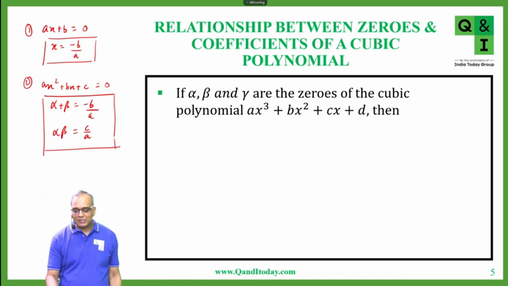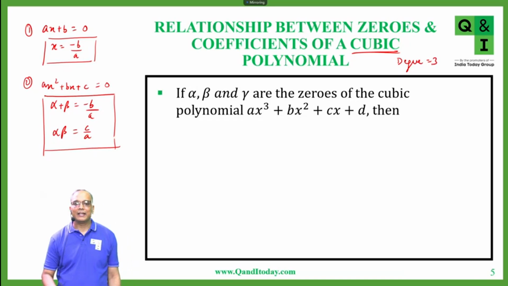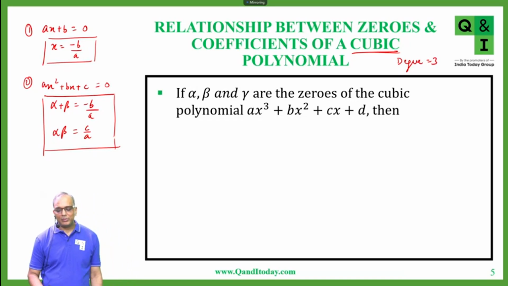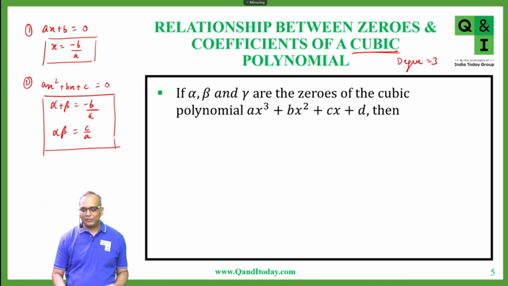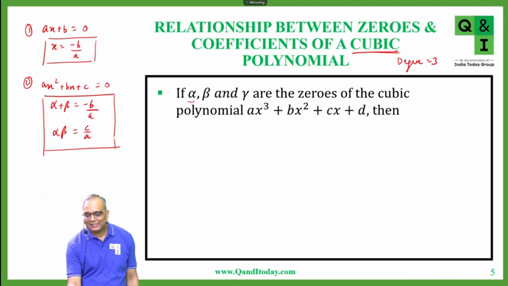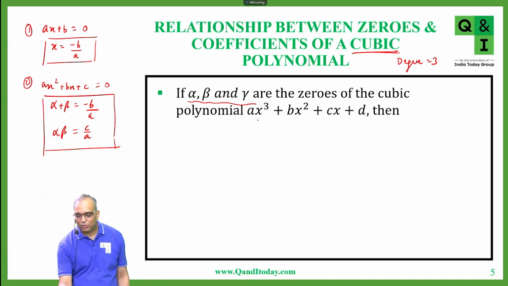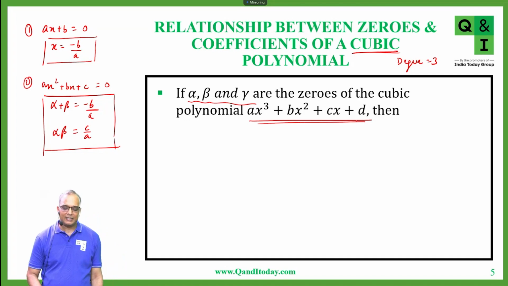So in a cubic polynomial, since the degree is 3, there will be a maximum of 3 zeros. Let's say these 3 zeros are alpha, beta, and gamma. So we have 3 zeros of this polynomial ax cube plus bx square plus cx plus d, right?